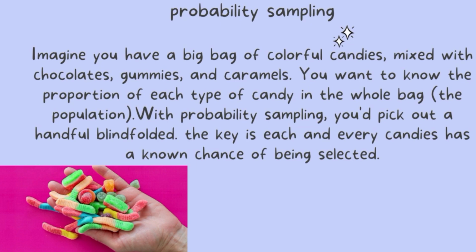In research, we can't take the whole population to study, so we take a sample from the population. The key point is that each and every unit of the population has a known chance of being selected.